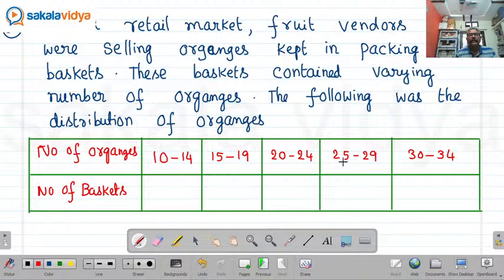Only five class intervals. Number of baskets: 15, 110, 135, 115, 25.